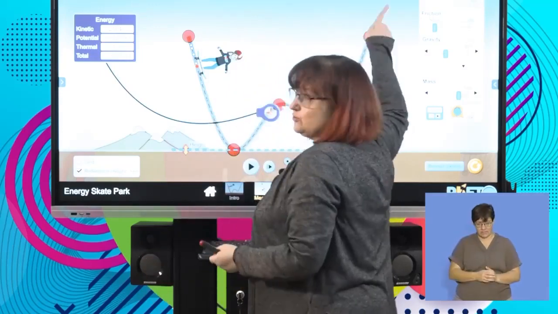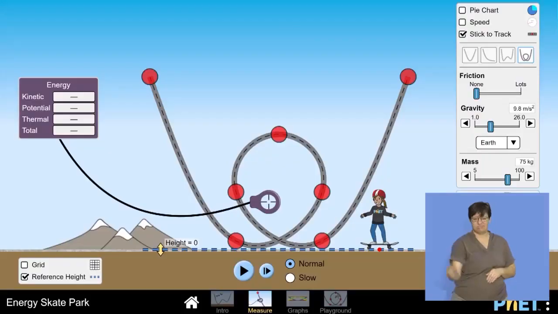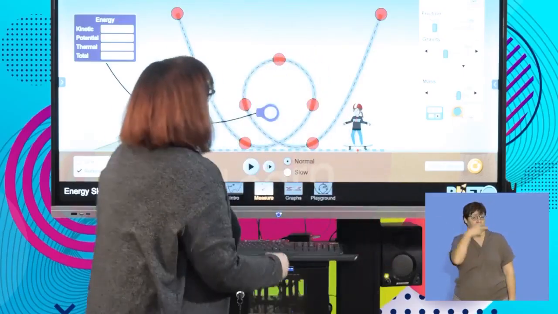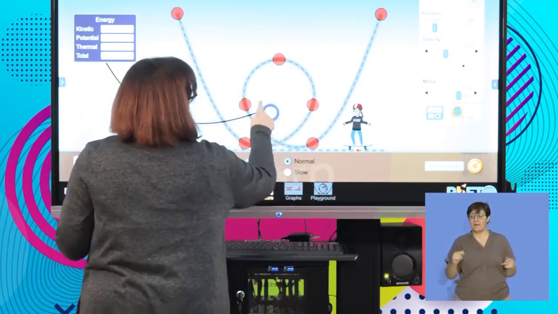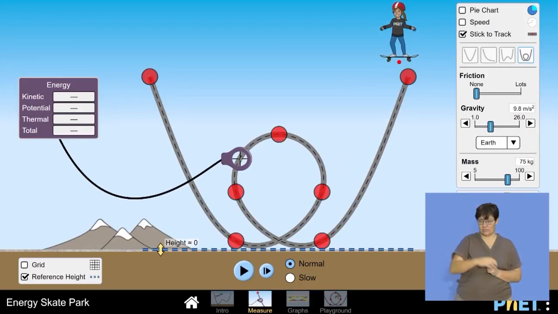We could do all sorts of things with this track. In fact, this is the concept, part of the physics, that's used when they make roller coasters. So if we go to one that looks like a roller coaster, my worst nightmare, my skateboarder can keep going because of the conservation of mechanical energy. When I put my skateboarder over here, now it's ready to go.